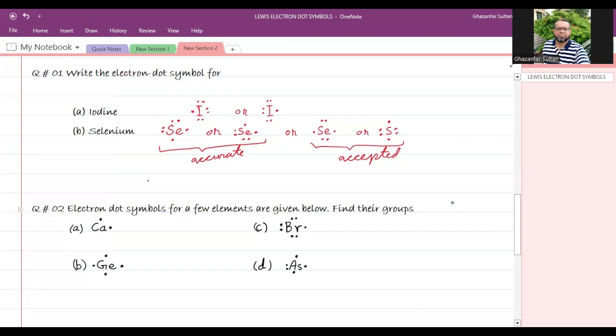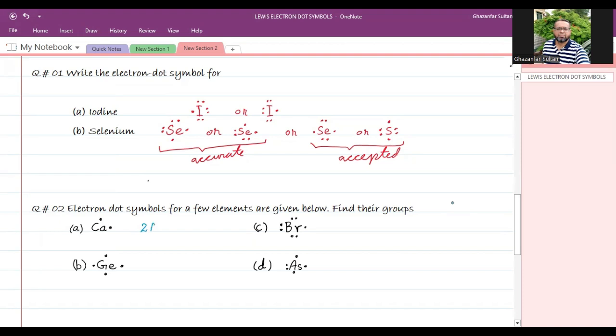Now see the next question. Here electron dot symbols are given and you have to find the groups. It is very easy. Just find the valence electrons in the electron dot structure. In calcium, there are 2 electron dots, so it belongs to group 2 of the periodic table.